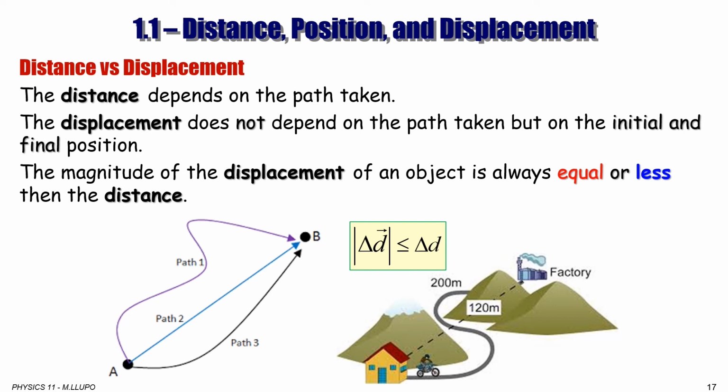The reason that I label that as delta D and not D is that sometimes we interchangeably use displacement and distance if the motion is in a straight line and we know the direction, or the direction is already understood.